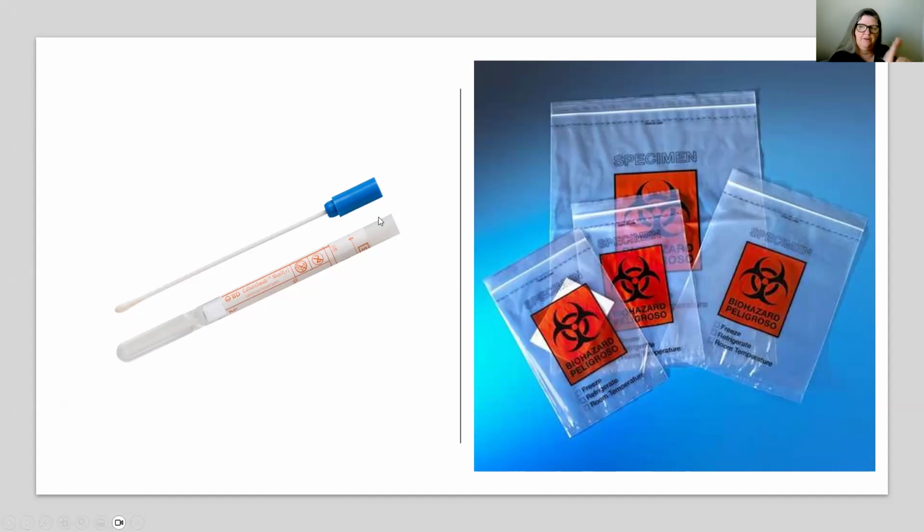So you want to push it down and make sure it's secured. You label it, you put it into one of these specimen bags. They come in various sizes, and you send that off to the lab with a doctor ordered requisition of some kind, whether it's paper or electronic.